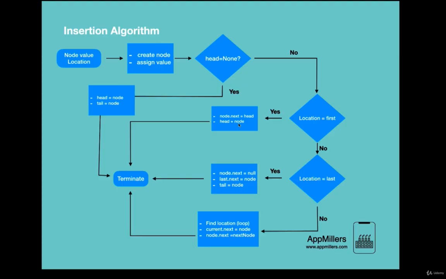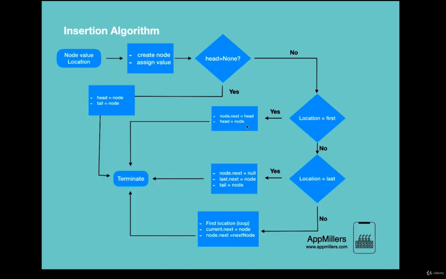By doing this, we create a link between the new node that we created and the first node, because we know that the value in the head is reference to the first node. So then we have to create a reference between head and newly created node. By assigning the location of newly created node to head, we are creating a link between head and newly created node. And the previously created link between head and node 1 gets deleted. By doing this, we successfully insert newly created node at the beginning of single linked list.